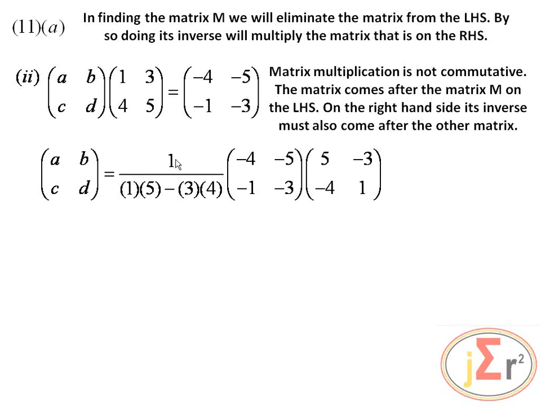The reciprocal of the determinant is right here, and we have the adjoint all the way over here. The adjoint needs to be coming after this matrix on the right hand side, because the matrix originally is after the matrix M on the left hand side.